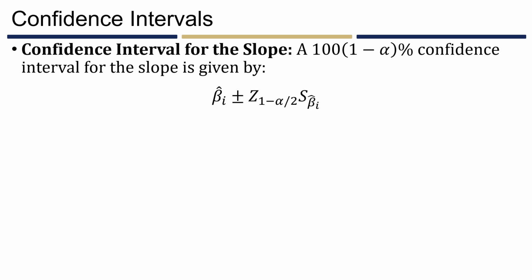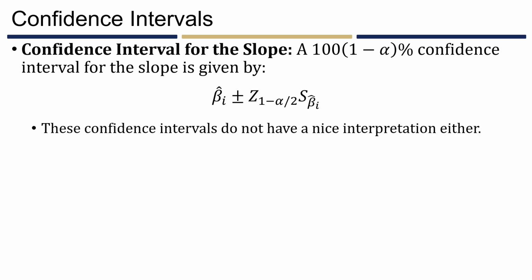We can also calculate confidence intervals for these parameters. A confidence interval for the slope would be given by beta i hat plus and minus some critical value from the standard normal distribution times the standard error of the estimate of the parameter. However, again, we're going to run into this issue where these confidence intervals don't have a nice interpretation either, just like the individual regression parameter.